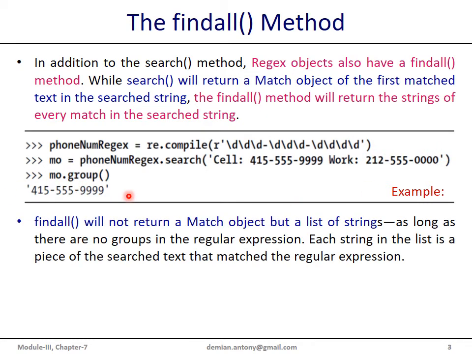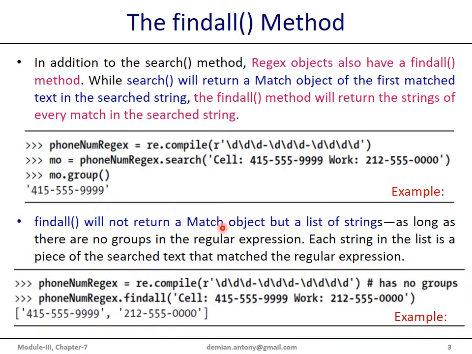And instead of using search, if we use FindAll, it will return all the occurrences of the pattern as a list. You can see this FindAll will return a list of strings which obeys the pattern as specified in the regular expression.